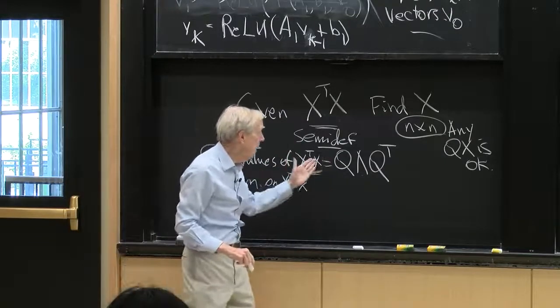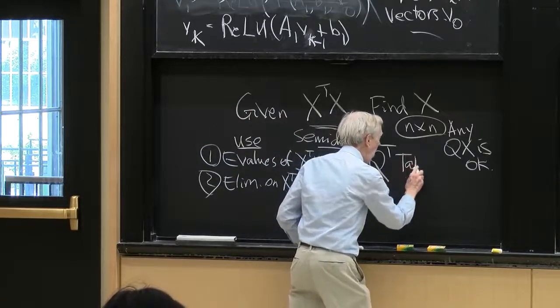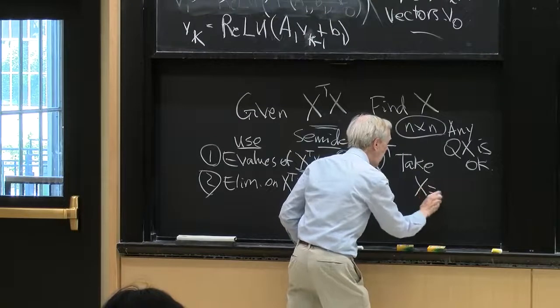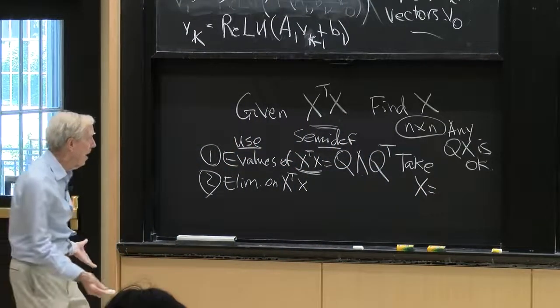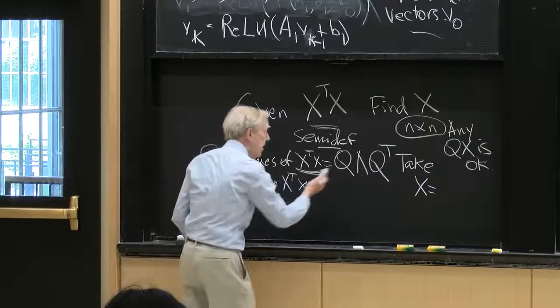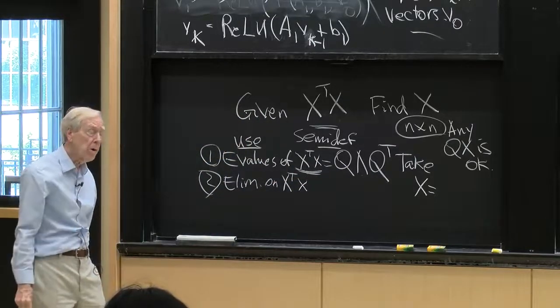So now if I know that, what's a good X? I've got the eigenvalues and eigenvectors of X transpose X, and I'm looking for an X that will work.